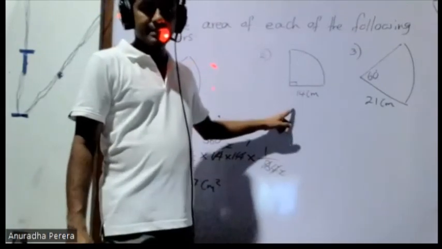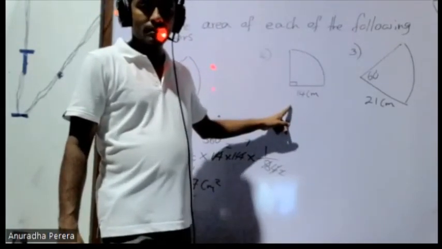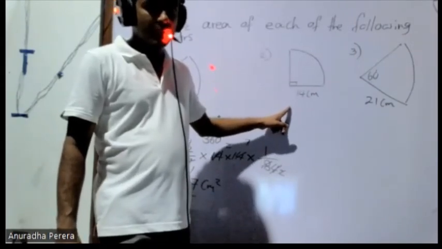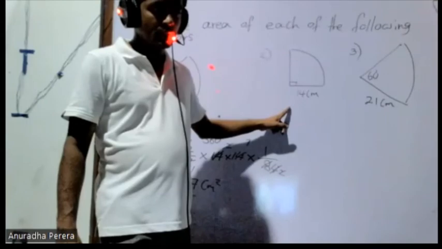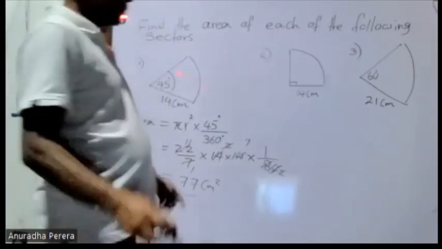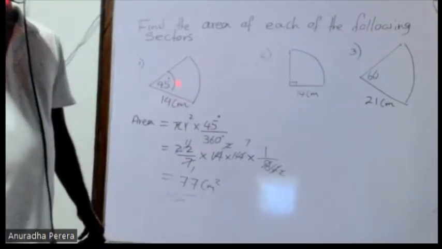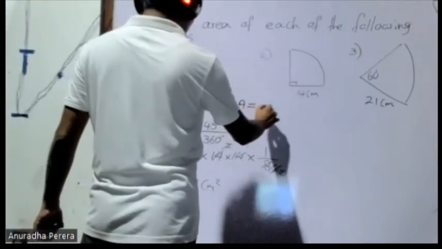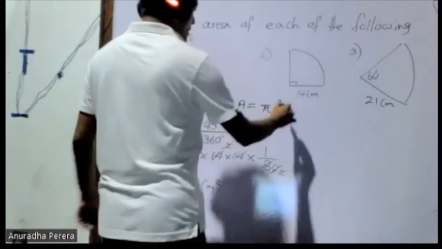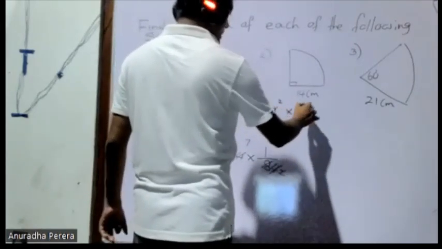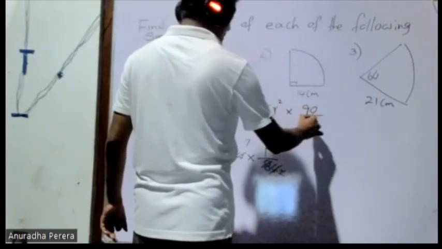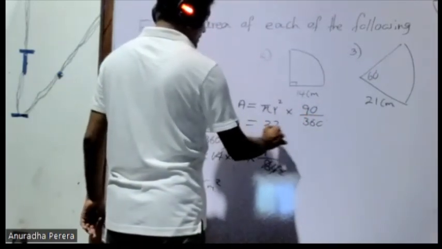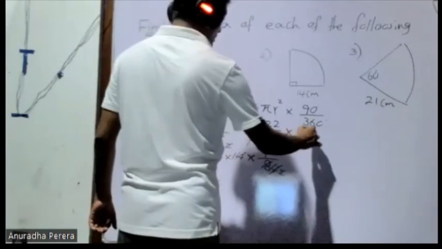What is the answer for this one, son? 154. Area equals pi r squared into 90 over 360. Actually, what is this? A quarter of a circle. 22 over 7, radius is 14, 14 into 14.